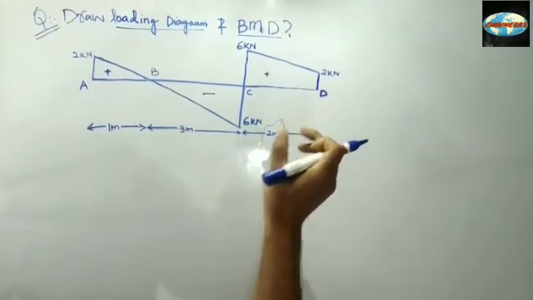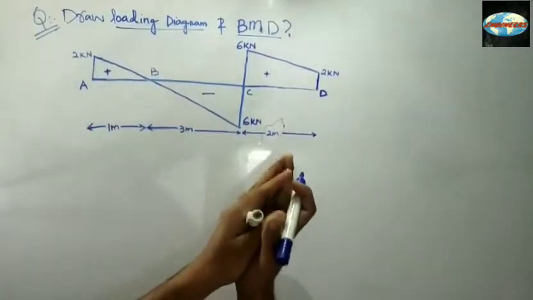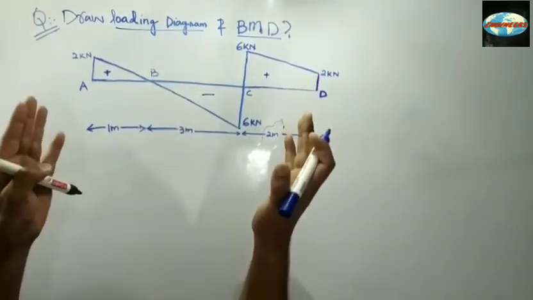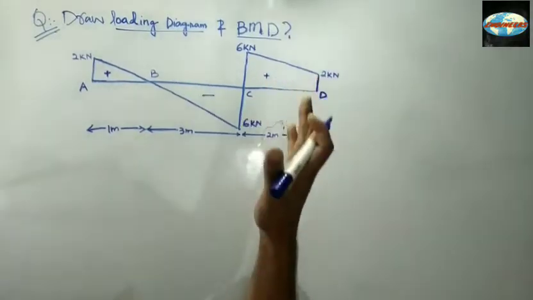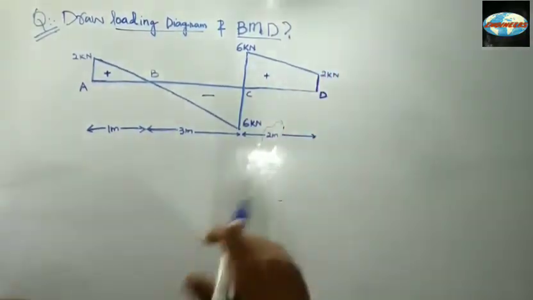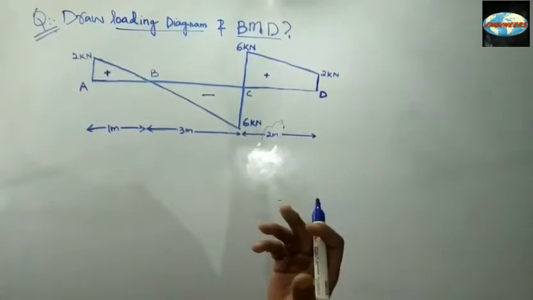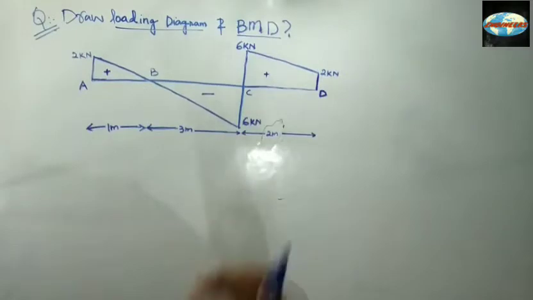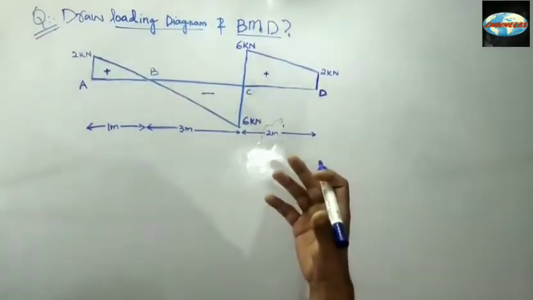But while we go from either left or right, we always get confused with the sign conventions: which moment to take positive, which negative, which direction of loading to take positive and which negative. I must tell you, there is no certain convention in the world that is followed. It wholly depends upon you, and different textbooks follow different conventions.